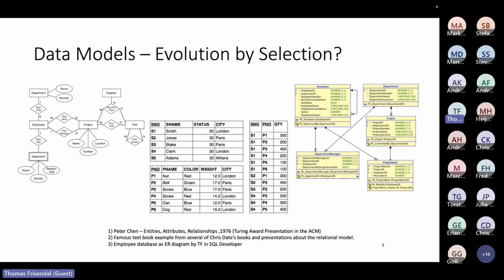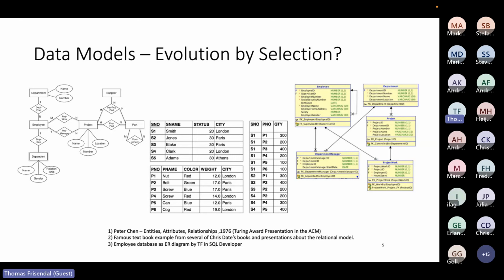If we look at it from a historical perspective, you have Chen's entity relationship modeling style to the left, which I actually like a lot. I come from the IDMS world, and we actually used Chen as the data modeling paradigm for building CODASYL databases. And at about the same time, we had these tabular structures in the relational model from Dr. Codd and Chris Date some years later.